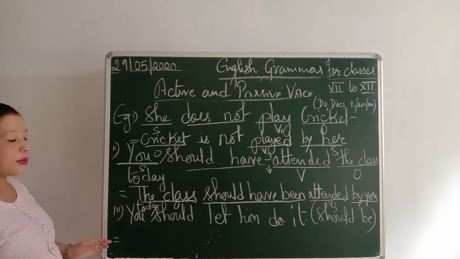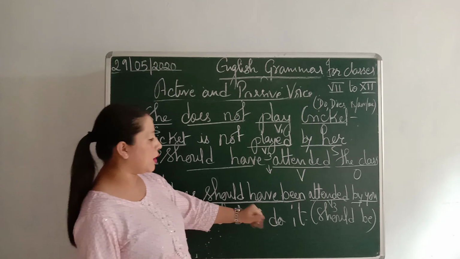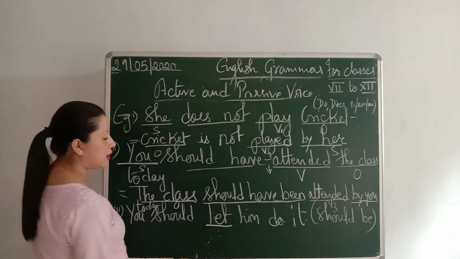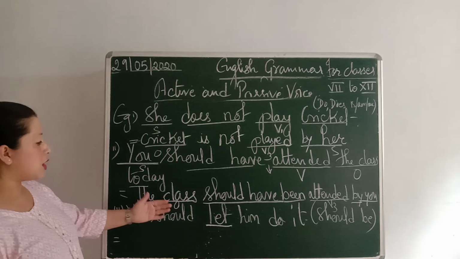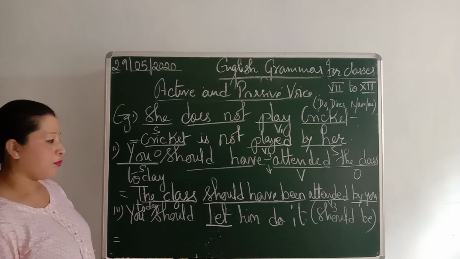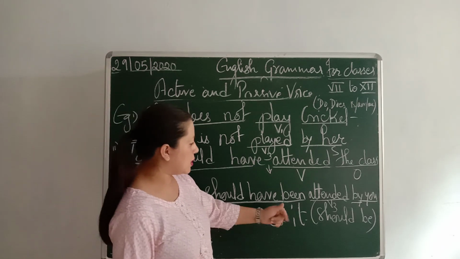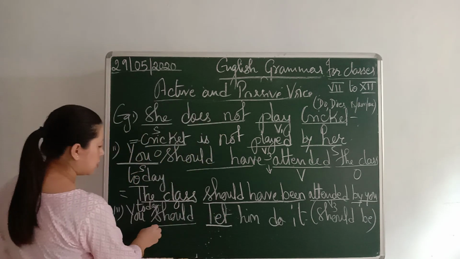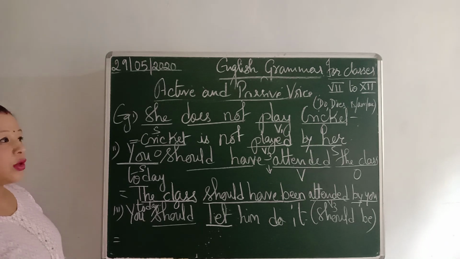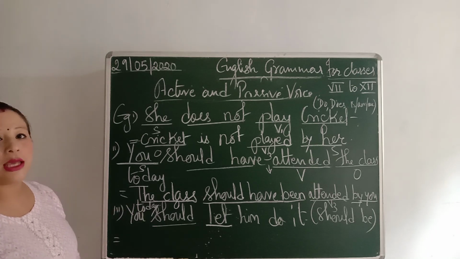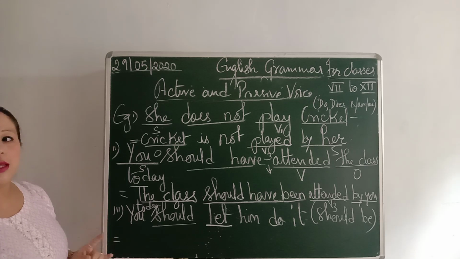So next example is you should let him do it. So now here you find a new word, that is let. So how will you change this into a passive voice? You should let him do it. So here there is should, that is a modal word. So I told you after a modal word we have to use be or been or being.